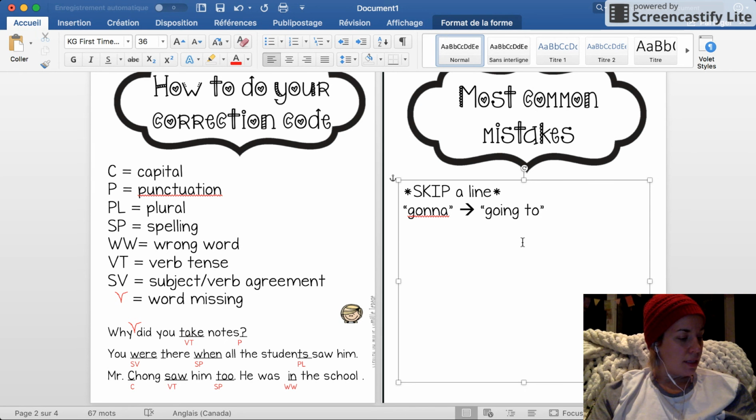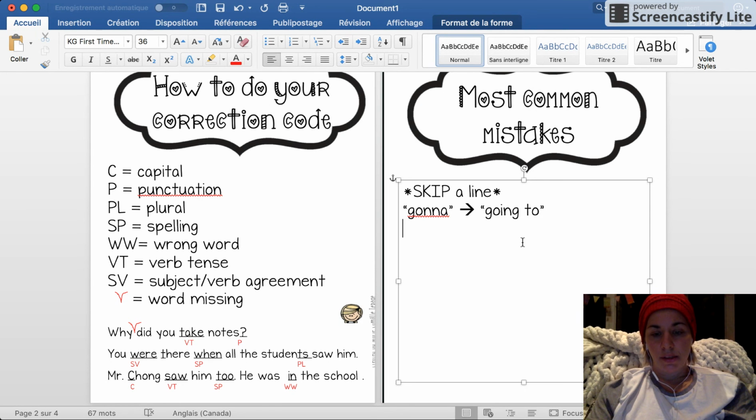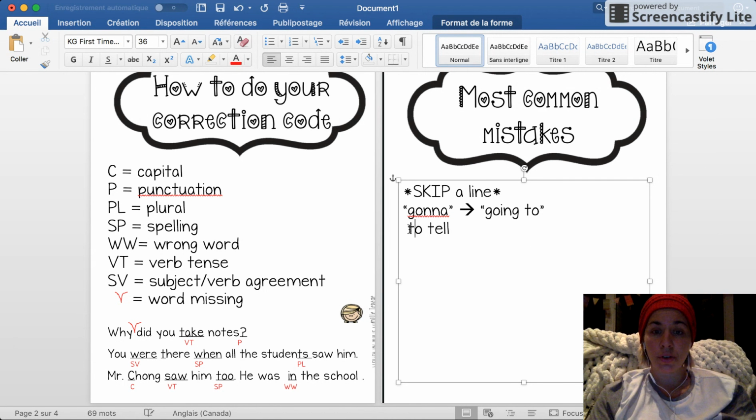Then third thing I noticed was you guys used infinitive. For example, Simon did not want to tell. Okay, so when you use to before a verb, this means you're using the verb at the infinitive. So the verb following to, I just want to highlight this, should be at the base form. Let me underline it.